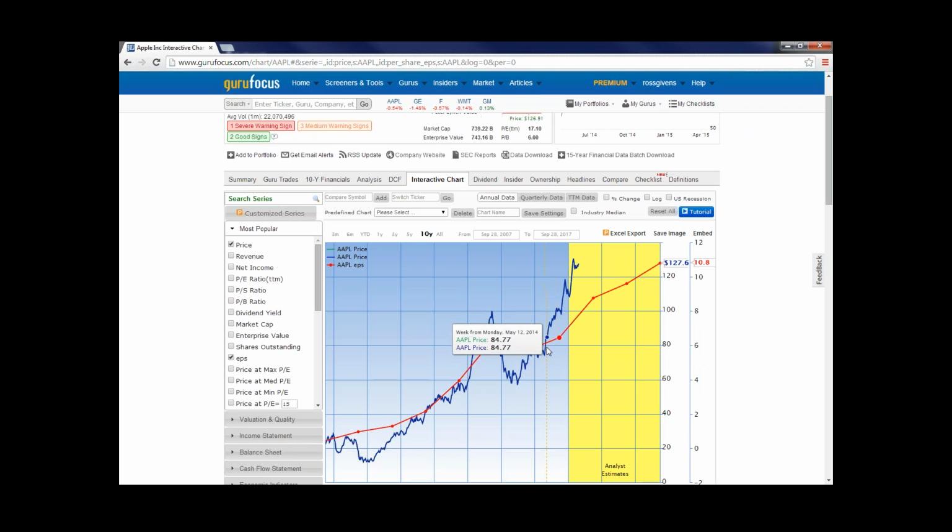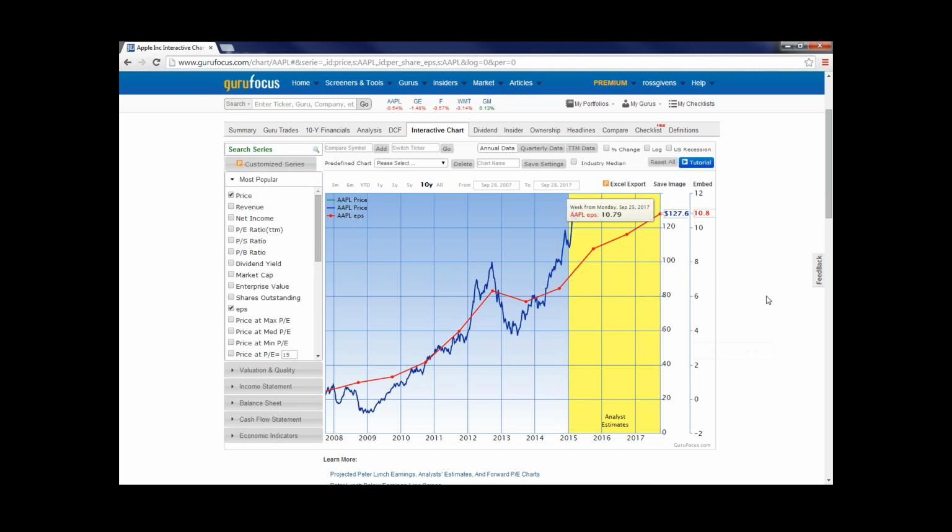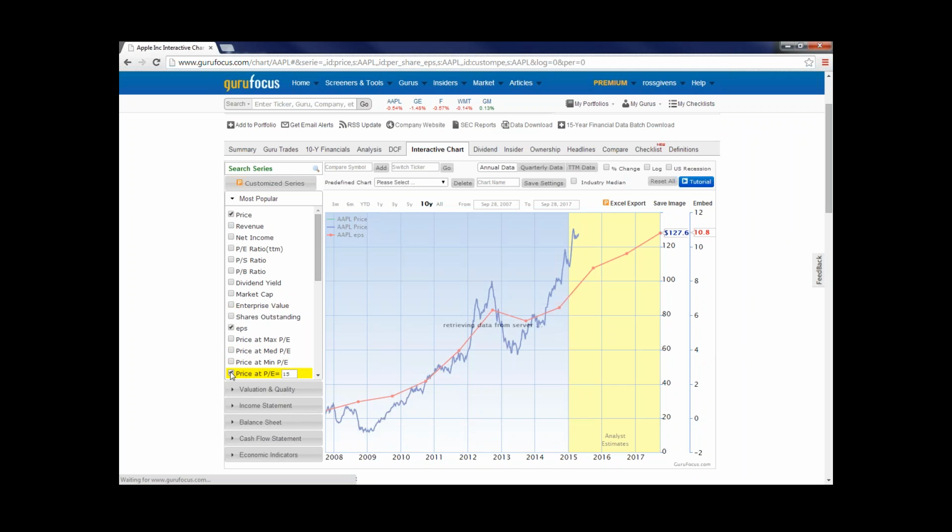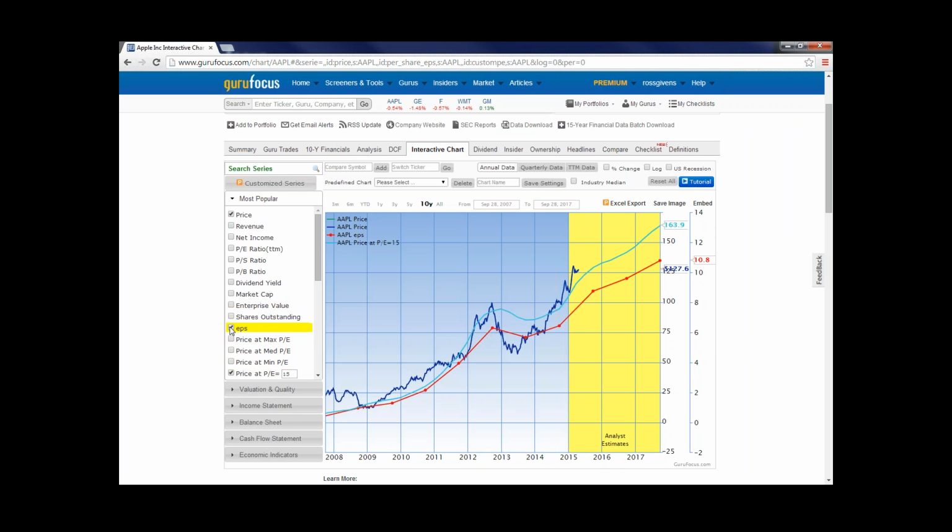So, look, we've had a huge run up in Apple in the last 12 months, right? When we look at it at 15 times earnings, it really hasn't strayed too far. The light baby blue lines are priced at 15. It was a great opportunity here in 13. It's a little bit above that area now, but still not wildly overpriced.